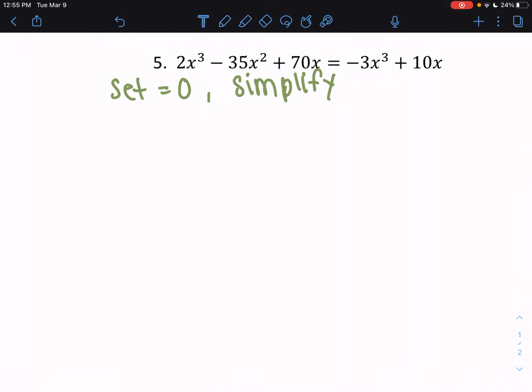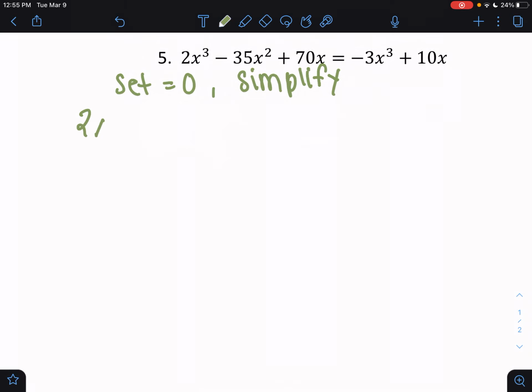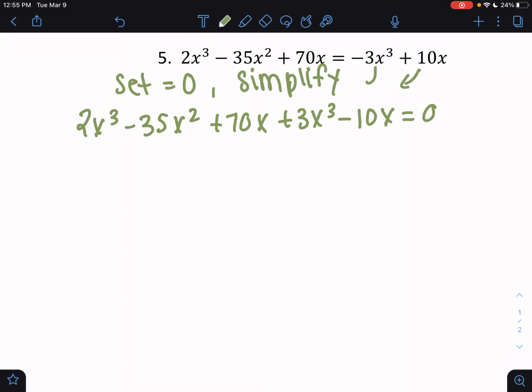So I would just rewrite it first. Notice how our signs change when we move them over to the other side. And then we can find out our like terms here.